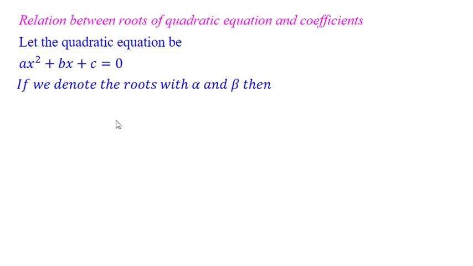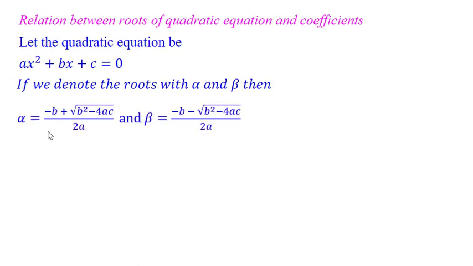Now if we denote the roots with alpha and beta, then we will say that alpha is equals to minus b plus root b square minus 4ac upon 2a, and beta equal to minus b minus root b square minus 4ac upon 2a. Any value you can write as alpha and the other value will be beta.